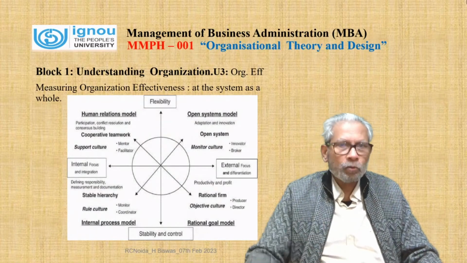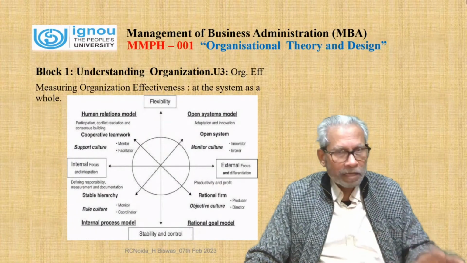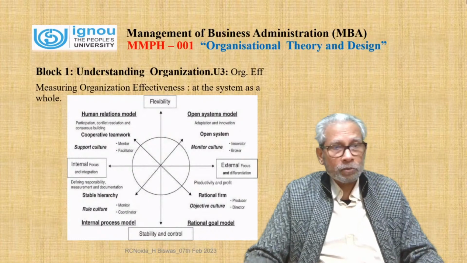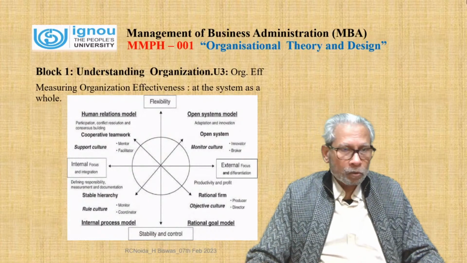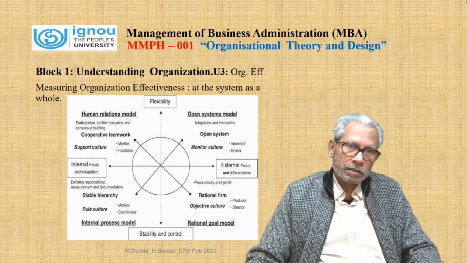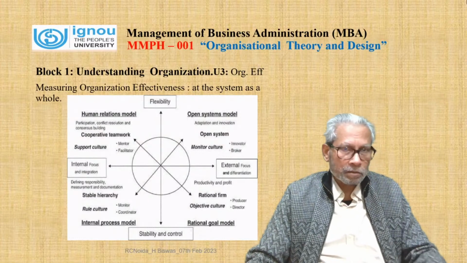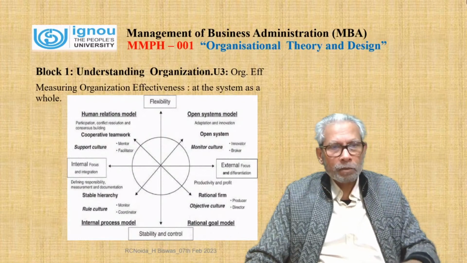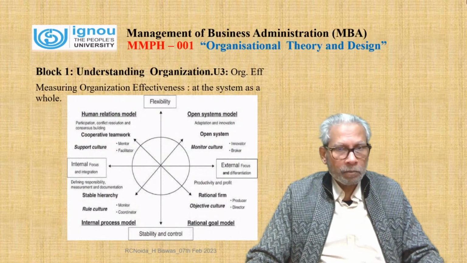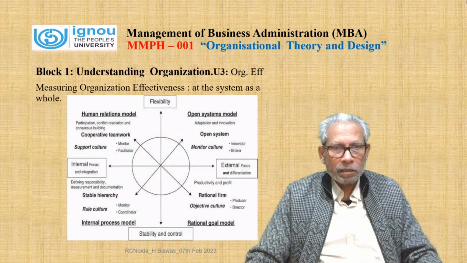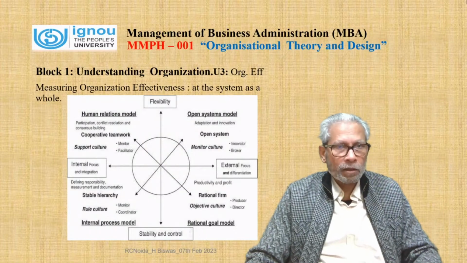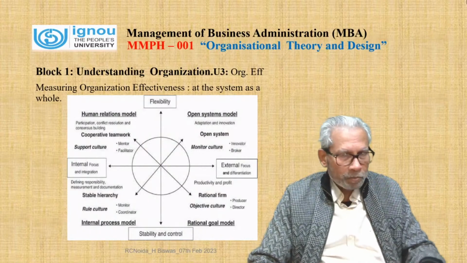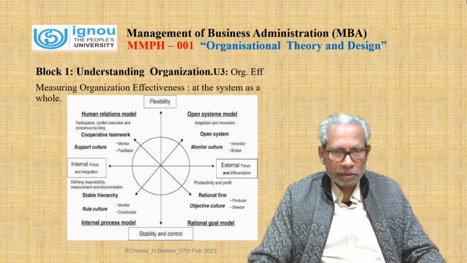There are so many aspects and factors. Not only one thing, you have to consider everything, and only then can you decide it is a stable company. Organizations are dynamic by nature, but they try to be stable and control things properly to achieve greater effectiveness. So these are some of the measurement diagrams showing how to measure these things.